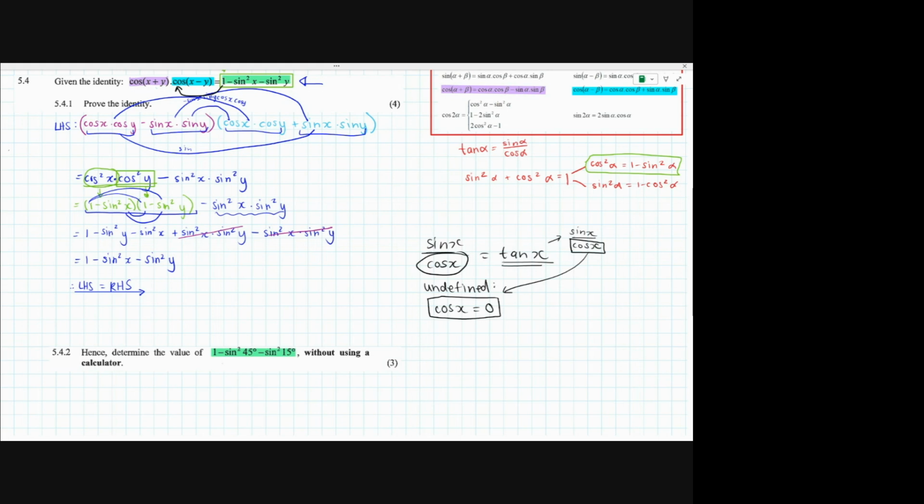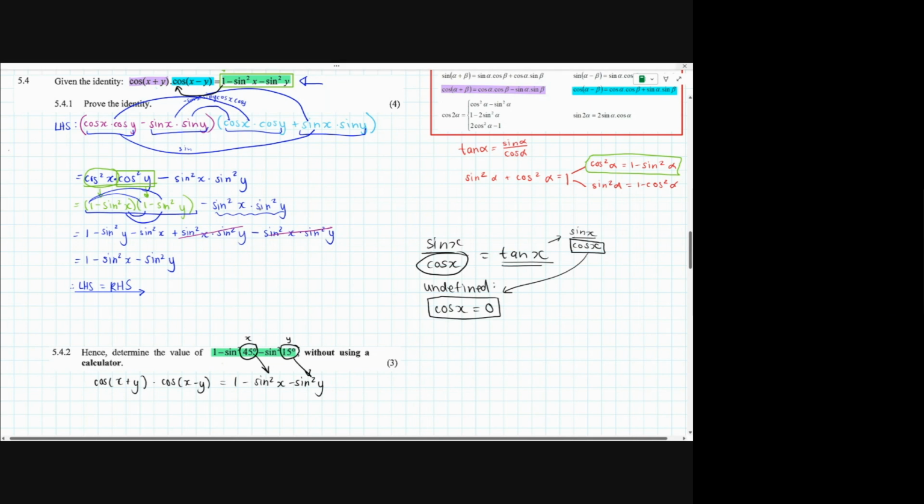So we know that cos x plus y times cos x minus y is the same thing as 1 minus sine squared x minus sine squared y. This 45 degrees is x according to our expression. This 15 degrees is y according to our expression.